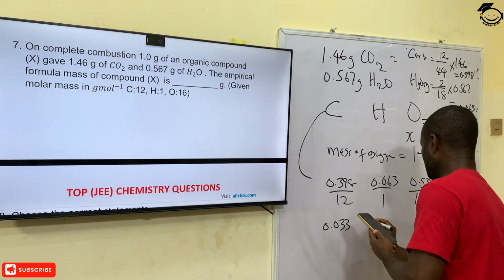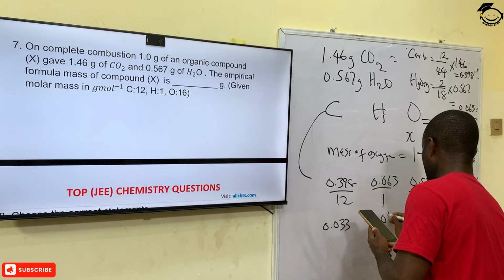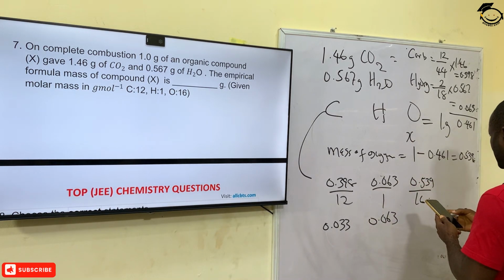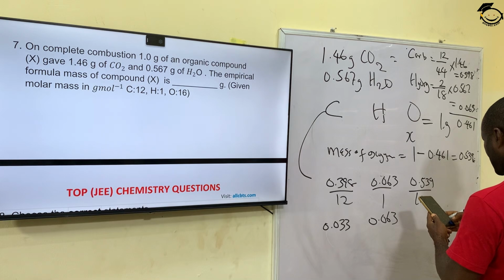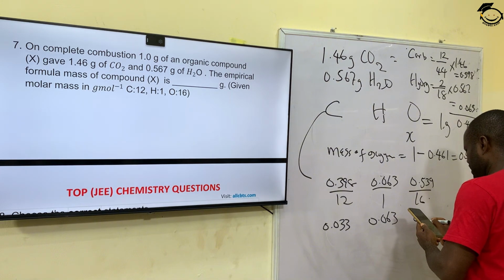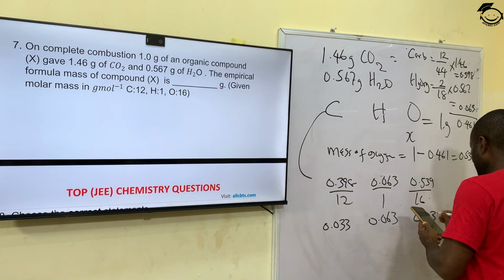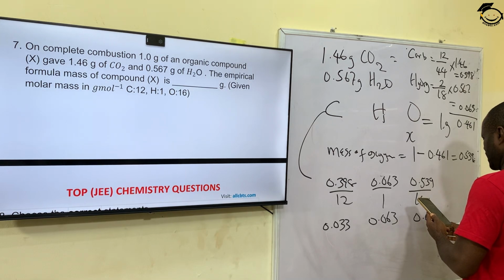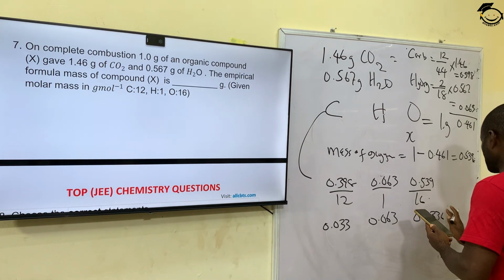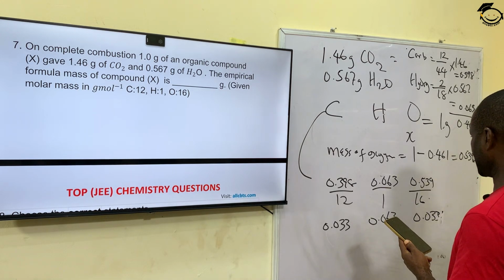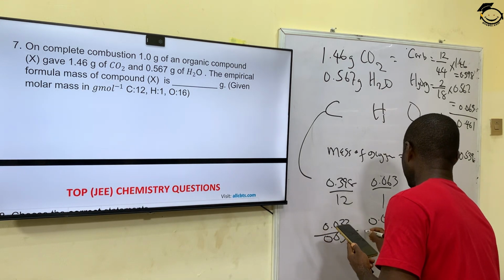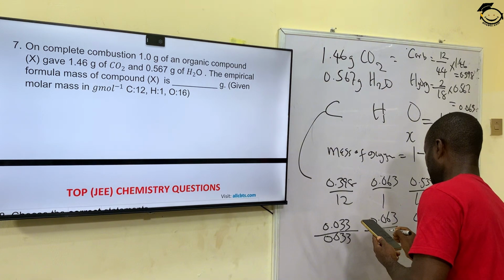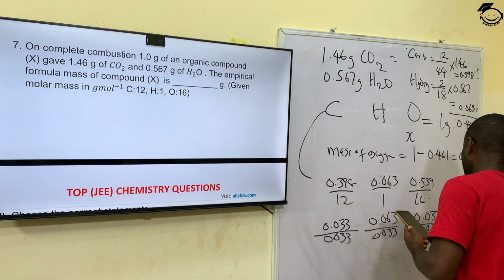Hydrogen, 0.063 over 1 gives us 0.063. In this case we have 0.539 divided by 16, which gives us 0.03336, or approximately 0.034. So you divide by the smallest, which is 0.033.